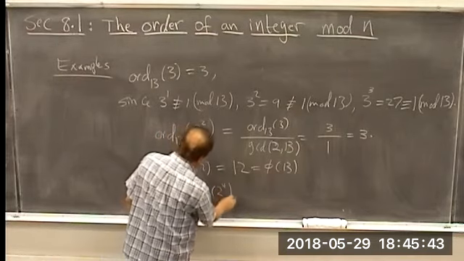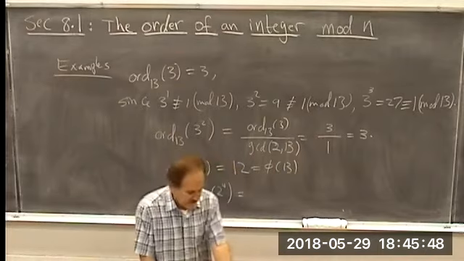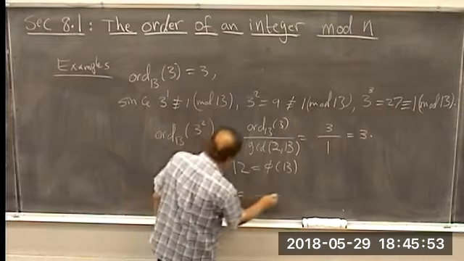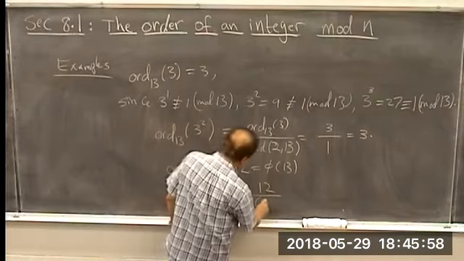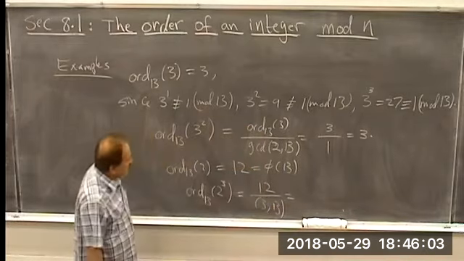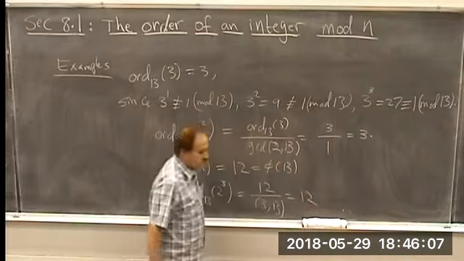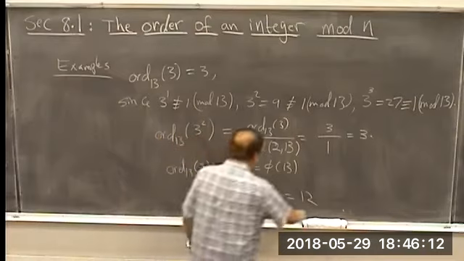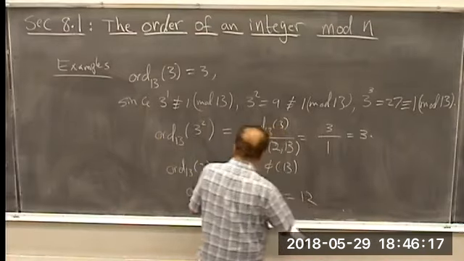And now if you want to take the order of 2 to the 3rd, for example, it is equal to 12 divided by the greatest common divisor of 3 and 12.